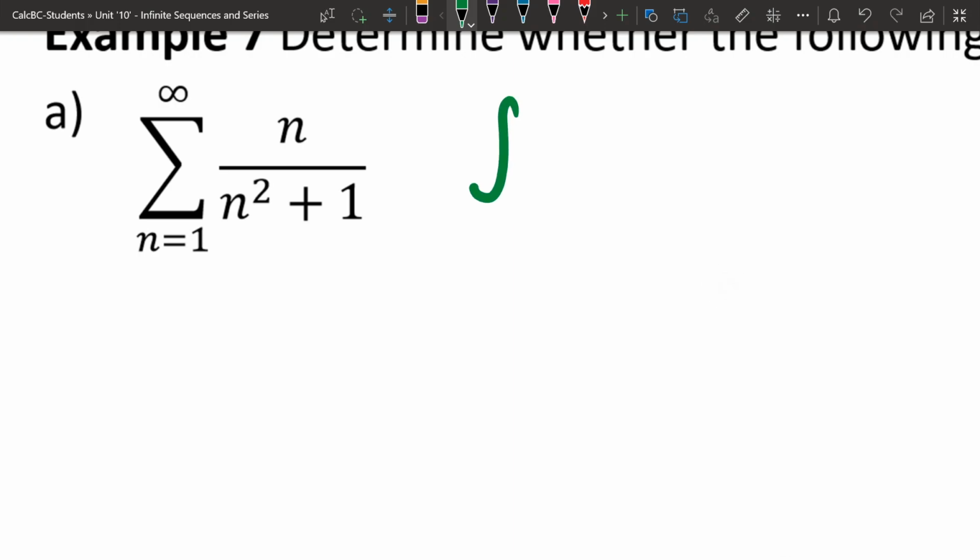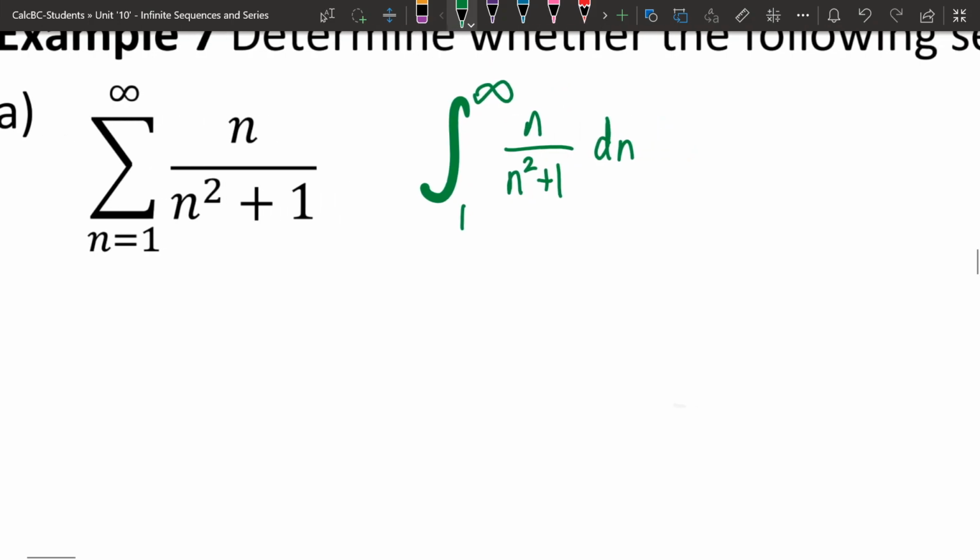So let's try to find our integral from 1 to infinity of our function n over n squared plus 1, in this case with respect to n. All right, so let's see, the derivative of n squared is n.